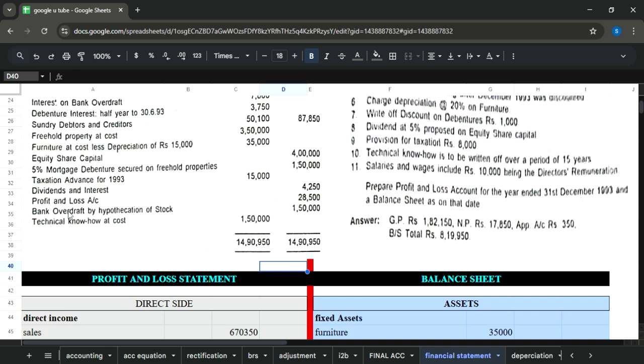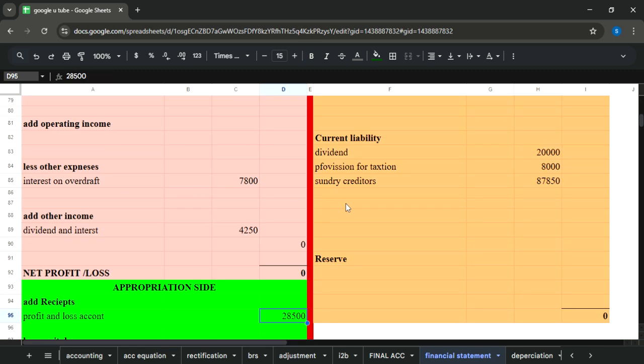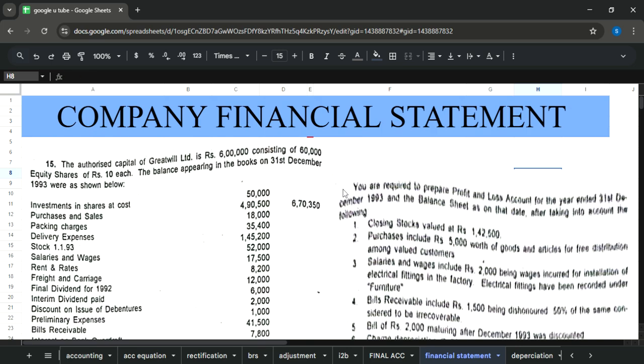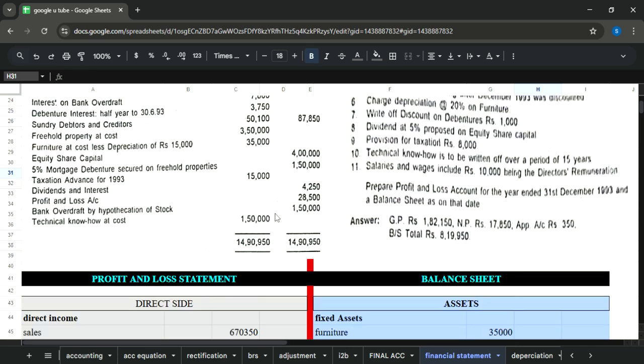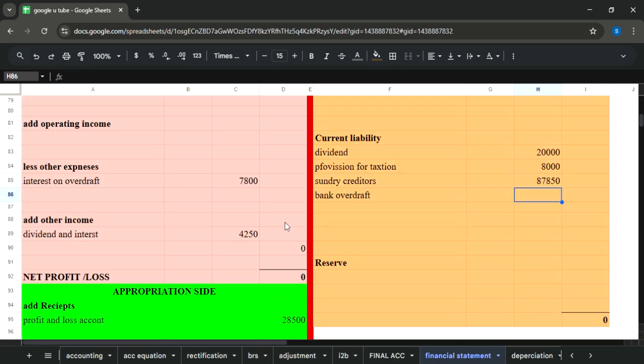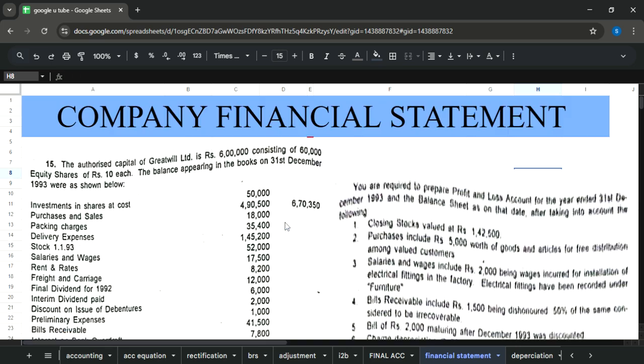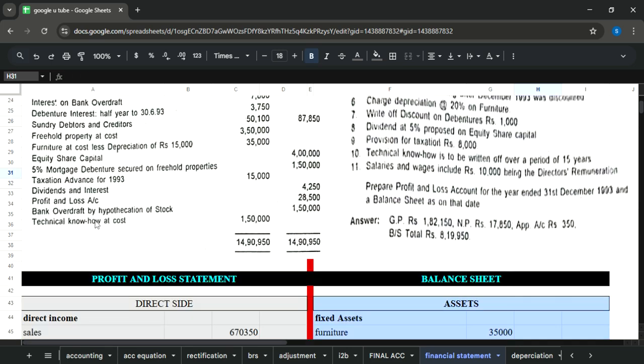Bank overdraft will go to the current liability side, and here we will mention bank overdraft. The amount is 150,000. So we'll go to the current liability side, and we'll mention 150,000 bank overdraft. After that we have technical know-how.